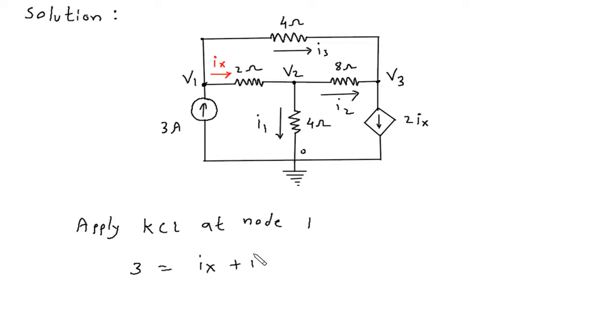So 3 is equal to Ix, which is (V1 minus V2) by 2, plus I3, which is (V1 minus V3) by 4.